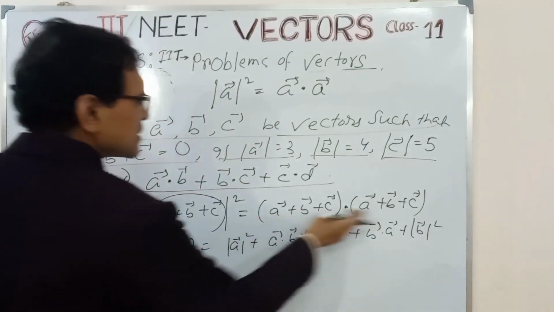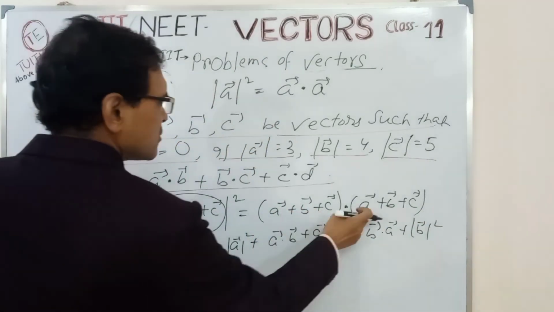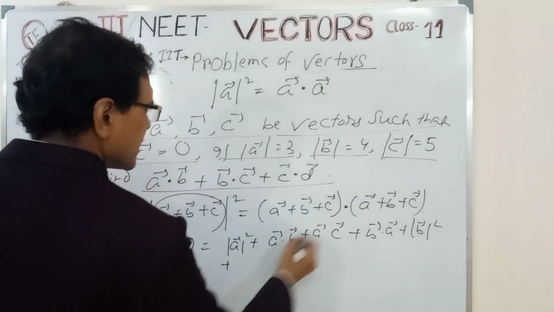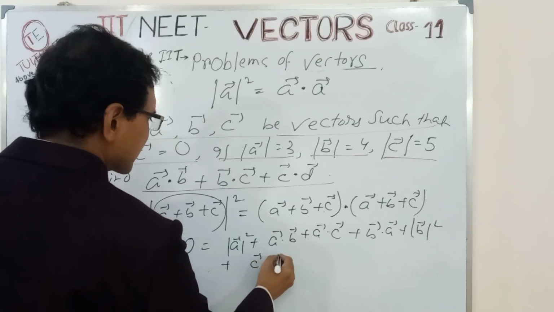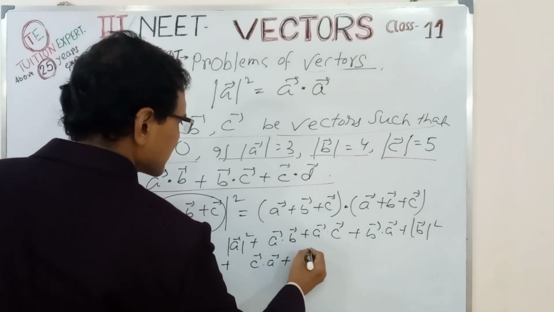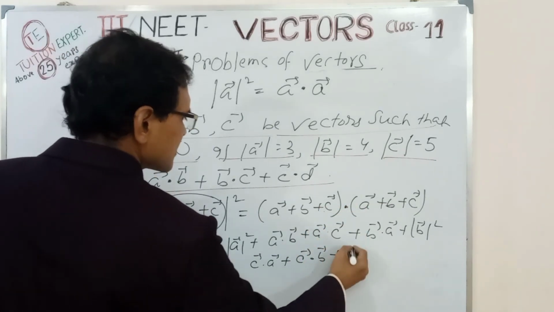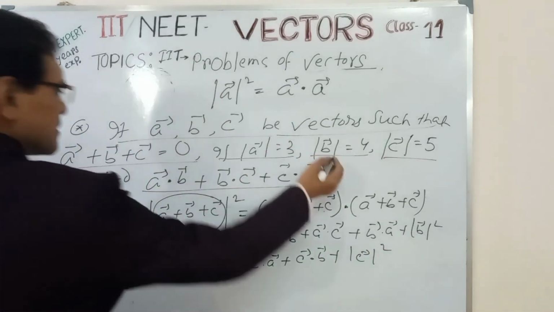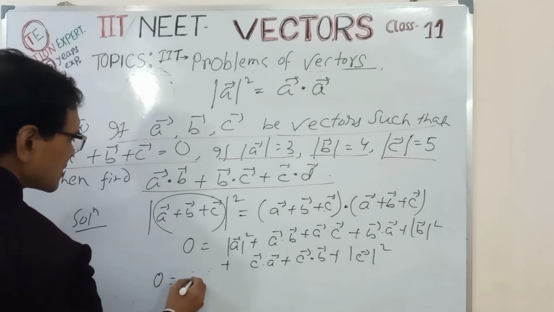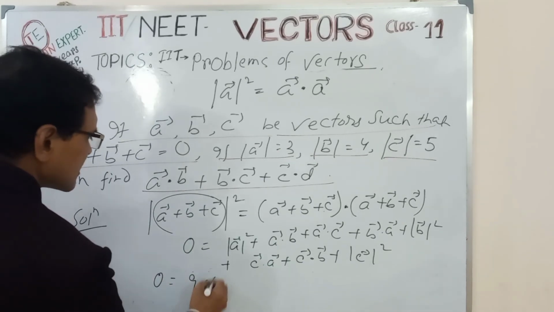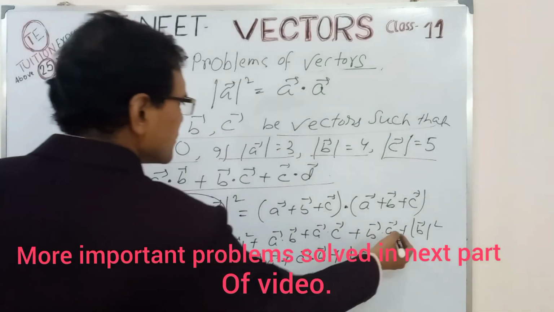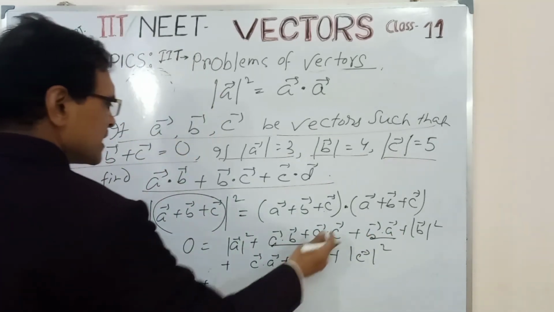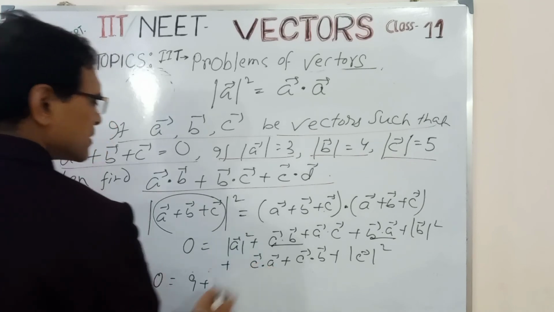So multiply step by step. B to this, B to B, B to C. Next C to A plus C dot B plus mod C square. Now what is mod A? 3, put here, 9, plus A dot B. A dot B and B dot A same. A dot C, C dot A same. Commutative.